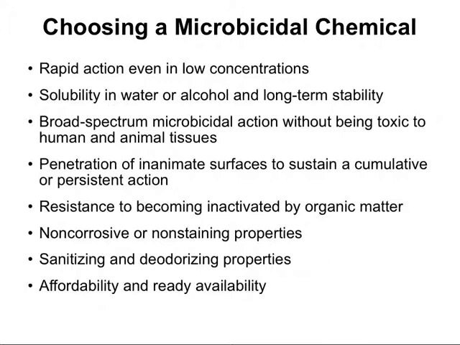When choosing a microbial chemical, we'd like it to have rapid action, even at low concentrations. Also, solubility in water or alcohol, and long-term stability in that solution. We'd like broad-spectrum microbicidal action without being toxic to human and animal tissues. That's a tough one. Also, we like the chemical to penetrate inanimate surfaces and sustain cumulative or persistent action.